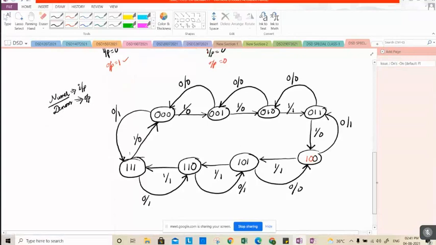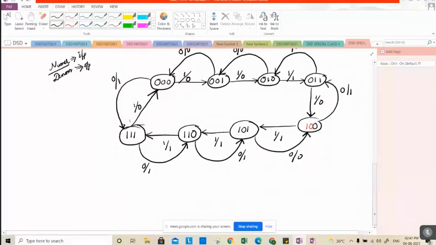So this is a state diagram. If we draw a state transition table for this state diagram... Now in some textbooks, they will be representing 0 0 0 with S0, this with S1, this with S2, S3, S4, and so on.